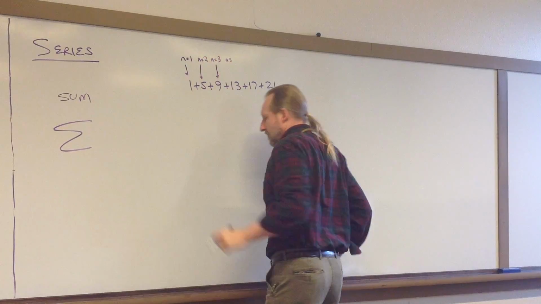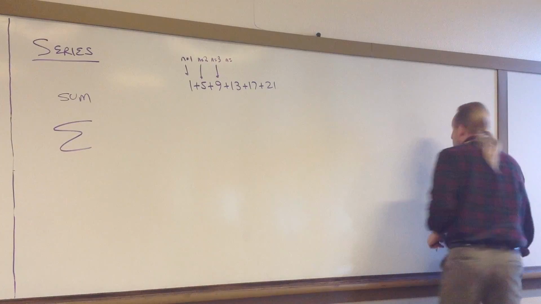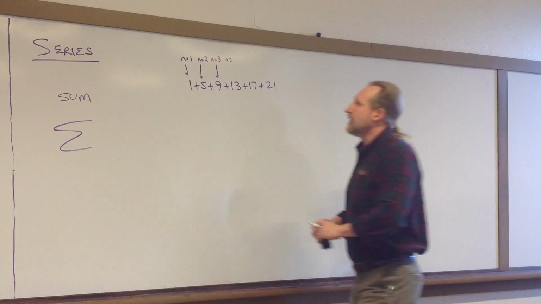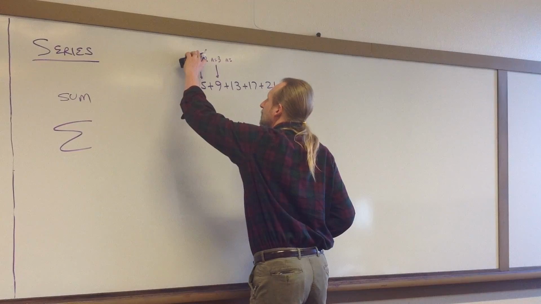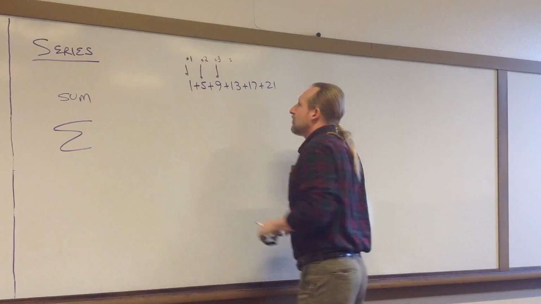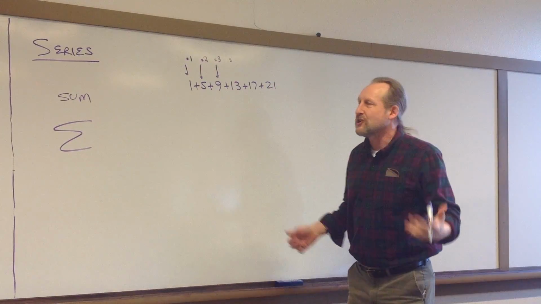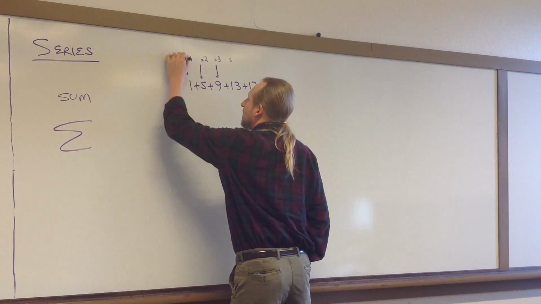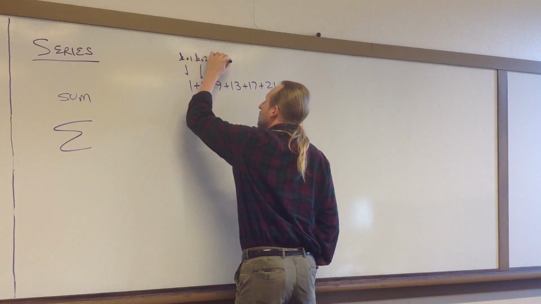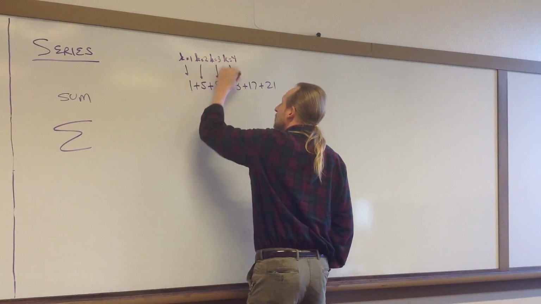Actually, I have this bad habit of using n in these situations, whereas it's generally accepted in mathematics to use something like i, j, or k. I think in the textbook I've used k in most situations.